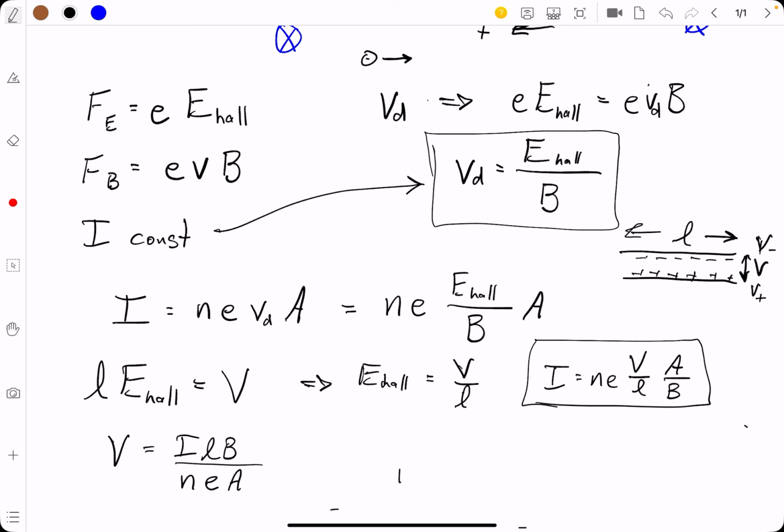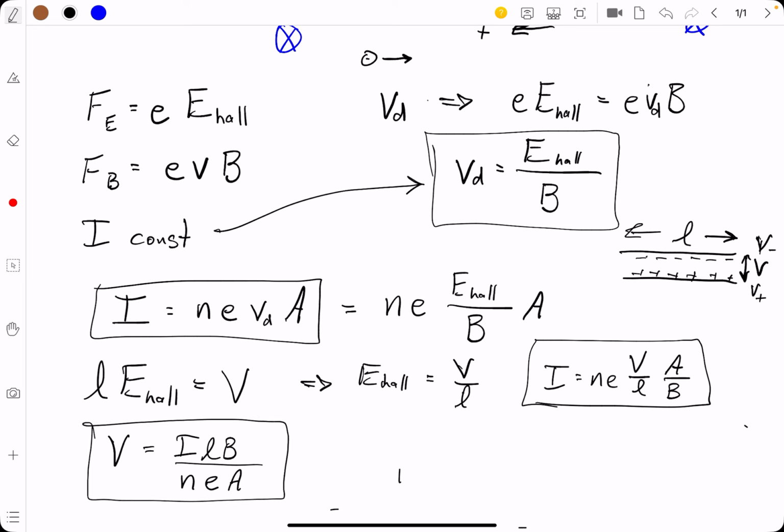And now we can take two equations. Which two equations? This equation and this equation. And we can give our sense of N times E times A that equals I B L over V in one equation.